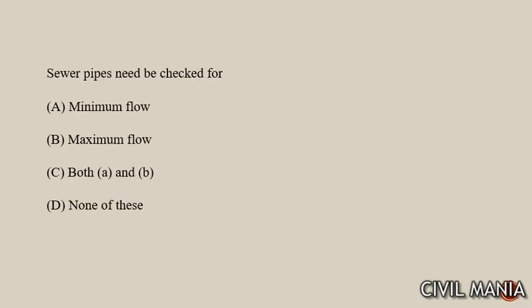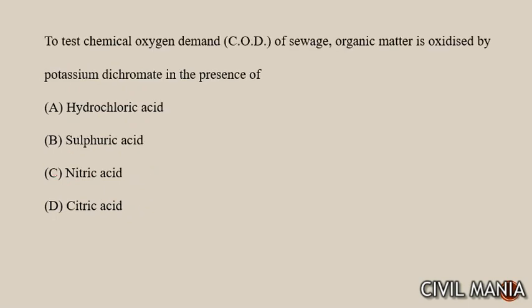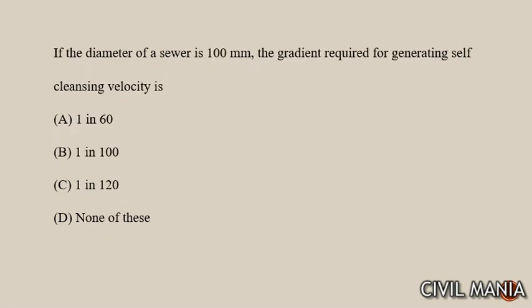Next question is, sewer pipe needs to be checked for maximum flow, minimum flow both. Next question is, to test COD of the sewage, organic matter is oxidized by potassium dichromate in the presence of sulfuric acid. Next, if the diameter of the sewer is 100, then it will be half of it, so it is 1 in 60.